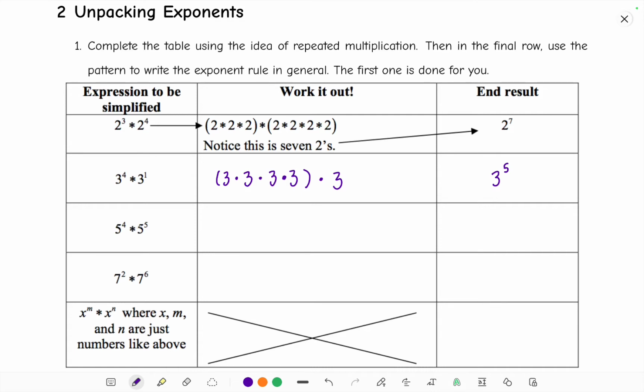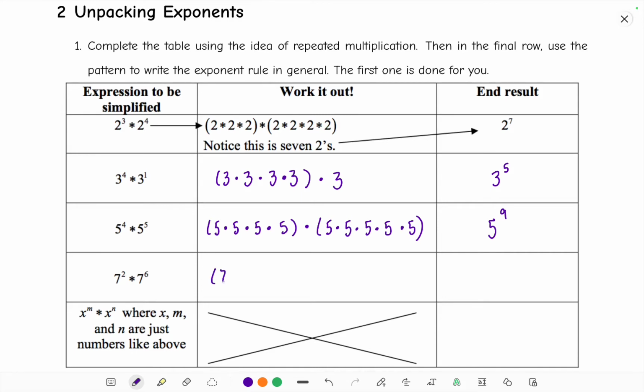Or 5 to the 4th times 5 to the 5th, well, that's 5 times 5 times 5 times 5 times 5 times 5 times 5 times 5 times 5. So after expanding it out, we see there's a total of 9 5's, so we get 5 to the 9th power.